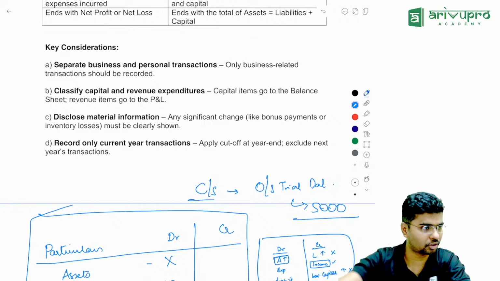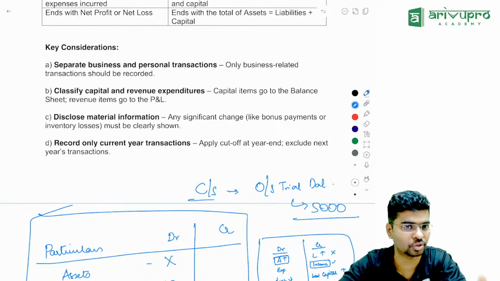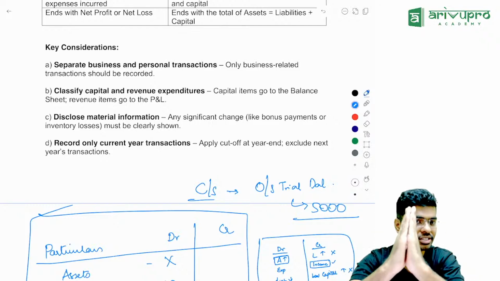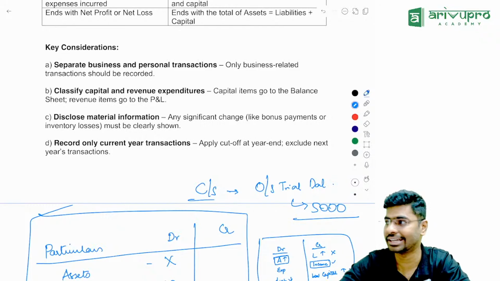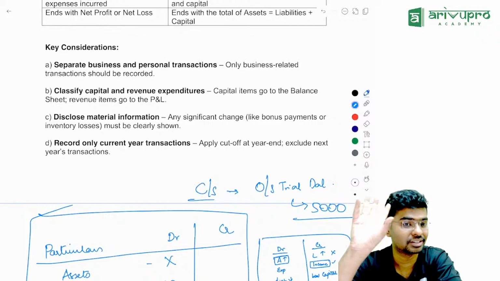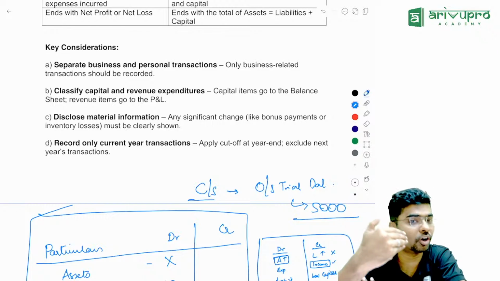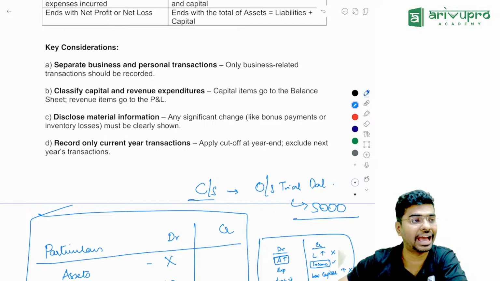We learned so many concepts in chapter 2. There are few concepts which are really required for you guys to know. Concept number 1, only business transactions are going to be reflected in my financial statements. Which concept? Business entity concept.